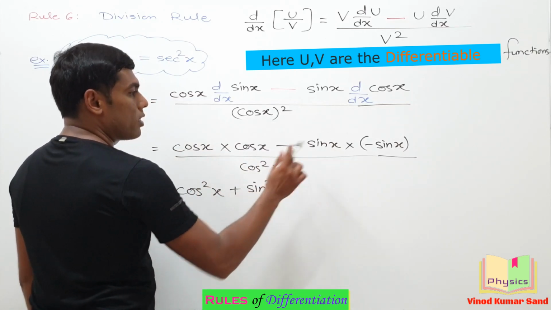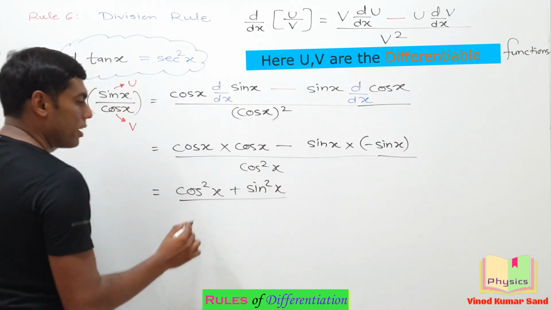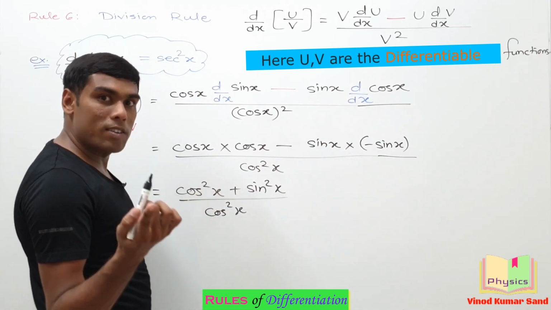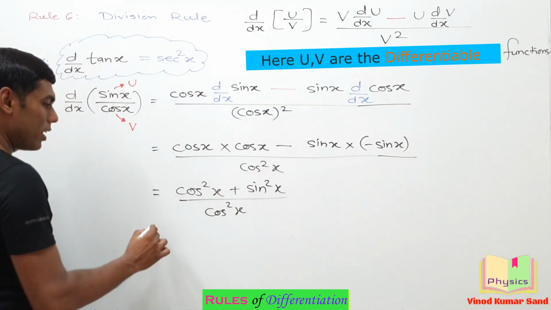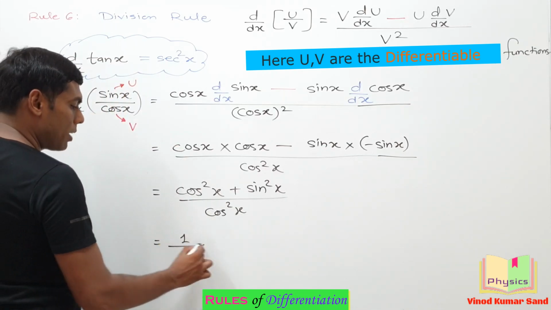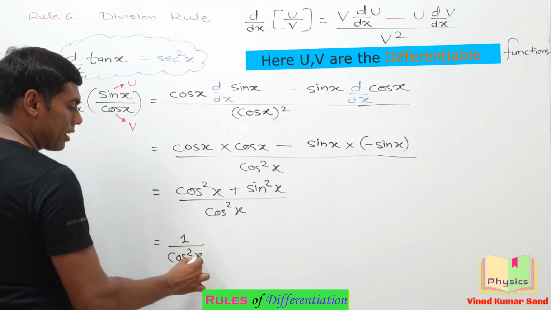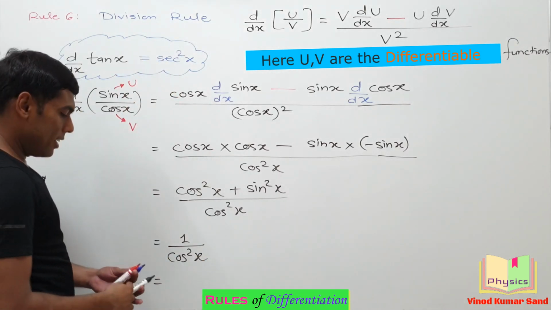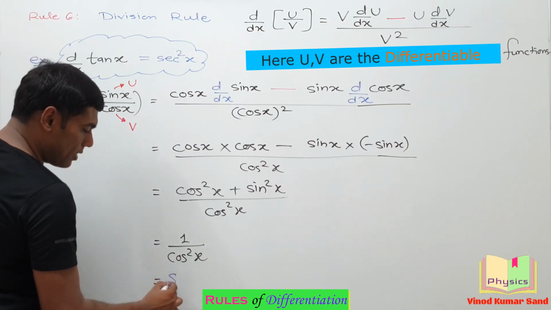So here is sin square x divided by cos square x. Cos square x plus sin square x, trigonometric identity, it will be 1. So basically it is 1 by cos square x, and 1 by cos square x is the secant square x.